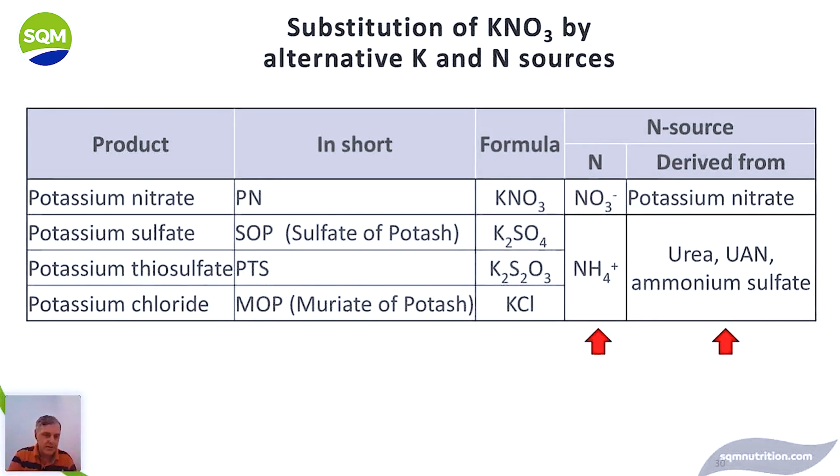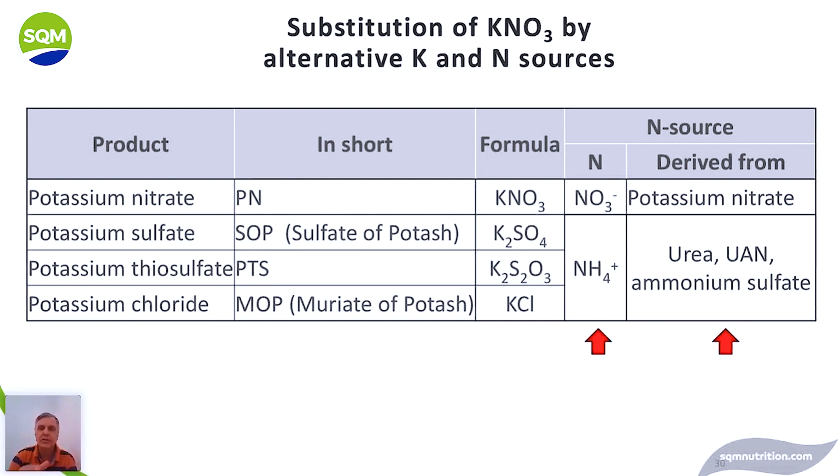When we choose the source that we use, remember that if you choose potassium nitrate as potassium source, together with potassium nitrate we are applying nitrate nitrogen. If you use potassium sulfate, thiosulfate, or potassium chloride, normally the nitrogen source that you use together with this potassium source, urea, UAN, ammonium sulfate, is ammoniacal nitrogen.